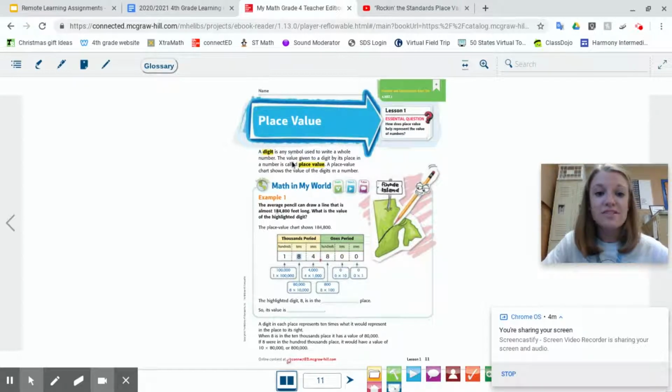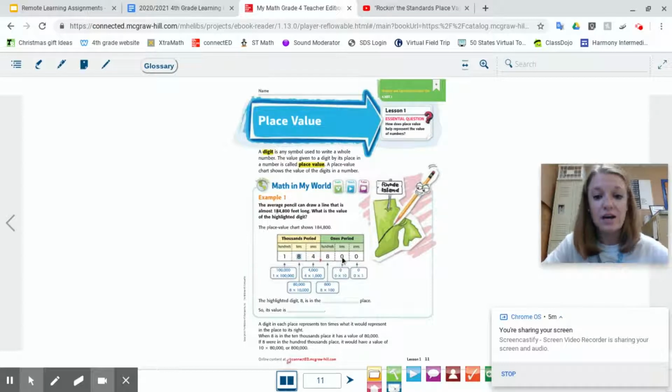Place value is the value given to a digit by its place in a number. So as you can see, we have a place value chart down here with some labels, and we have places that each digit is sitting in. We always start all the way over to the right, and that's the ones place.